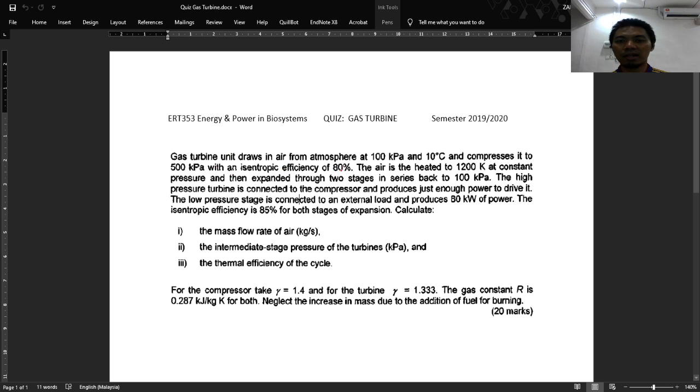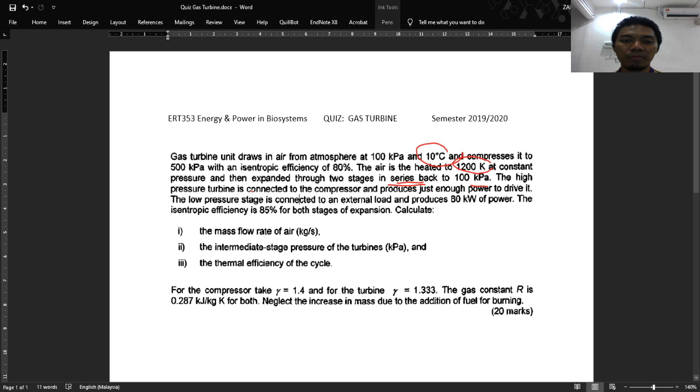The air is heated to 1200 Kelvin. Please see this in degrees Celsius and this one in Kelvin. Okay, and the air expanded through two stages in series back to 100 kPa.